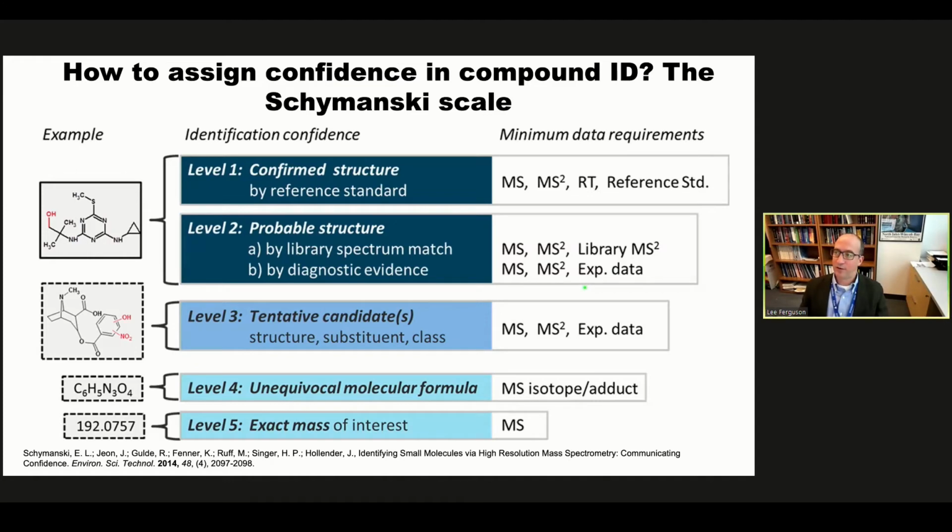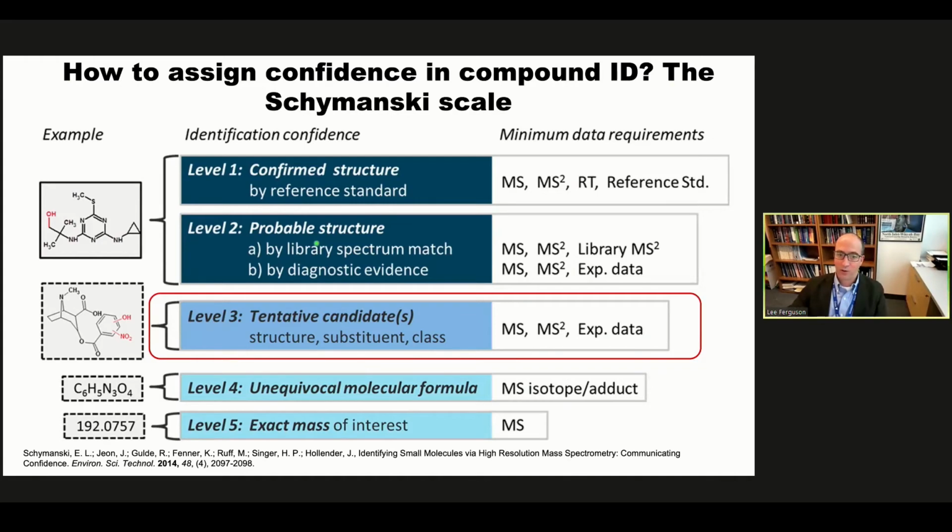Typically, what we find is that using even our extended library matching approaches, we are only able to annotate less than 10% of the compounds that we observe in environmental samples at the level 2 probable structure point. So the question is, how can we do better? How can we annotate more of these compounds that might be relevant from an exposure standpoint?